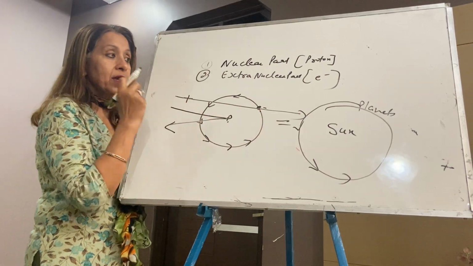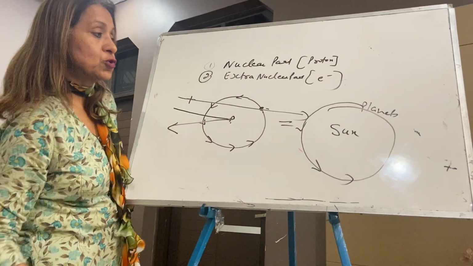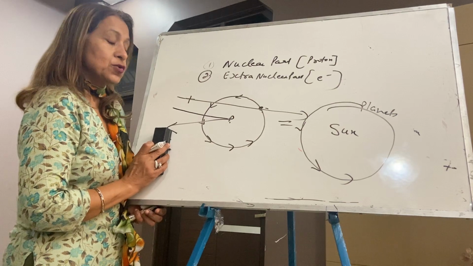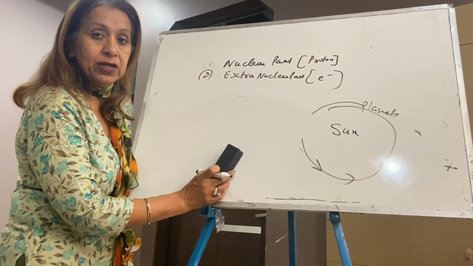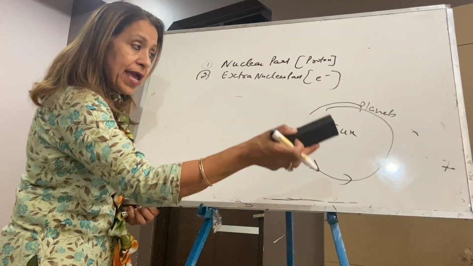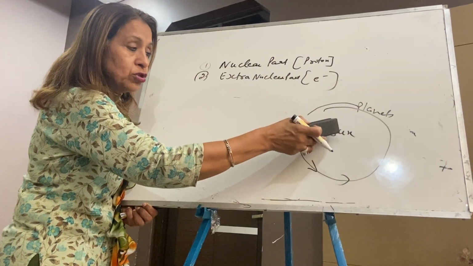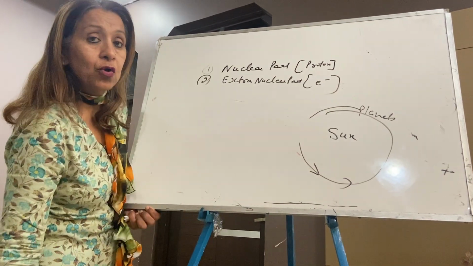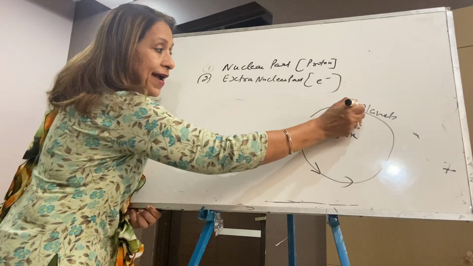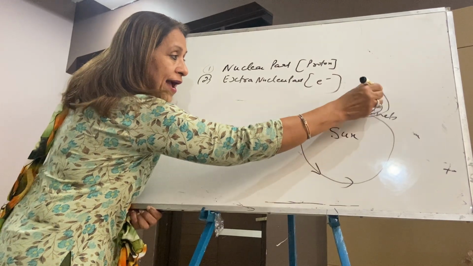So now Rutherford compared his model with the solar system, remember. According to Rutherford, an electron will never fall into the nucleus, the same as a planet in motion never falls into the sun, because a planet not only revolves around the sun but also rotates on its own axis.